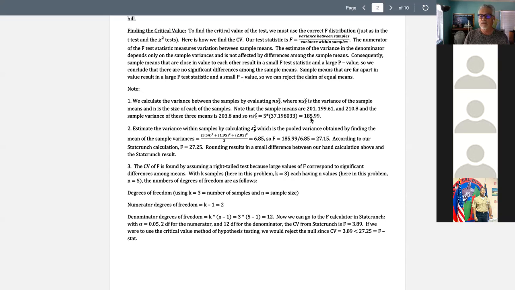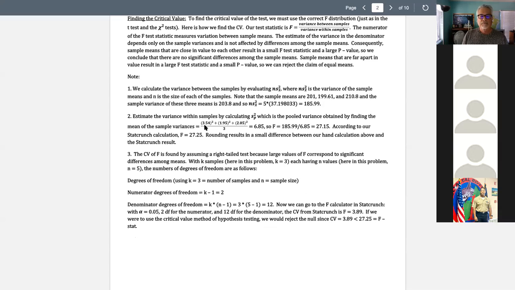And that turns out to be, in this problem, 185.99. Okay. Now let's go back and take our average of the 3 sample variances of each of the 3 mile legs.